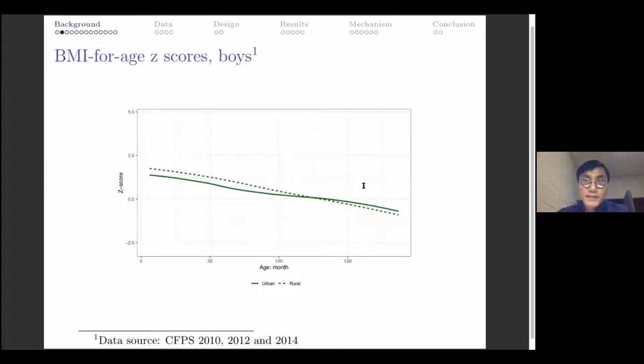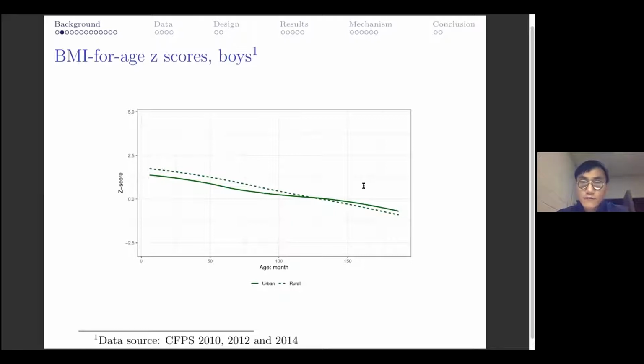As an example, I calculate the BMI Z-score for all boys under age 15 from the age of 6 months. The BMI Z-score shows the standardized body weight of the children. Here, for both rural and urban boys, the weights are really close to each other, and there's not a huge gap.